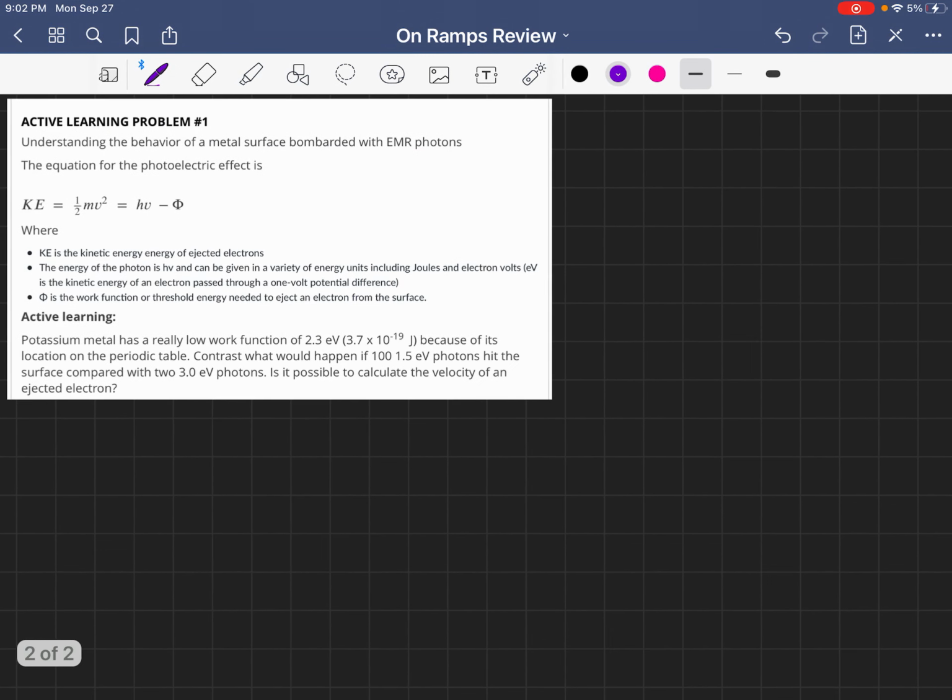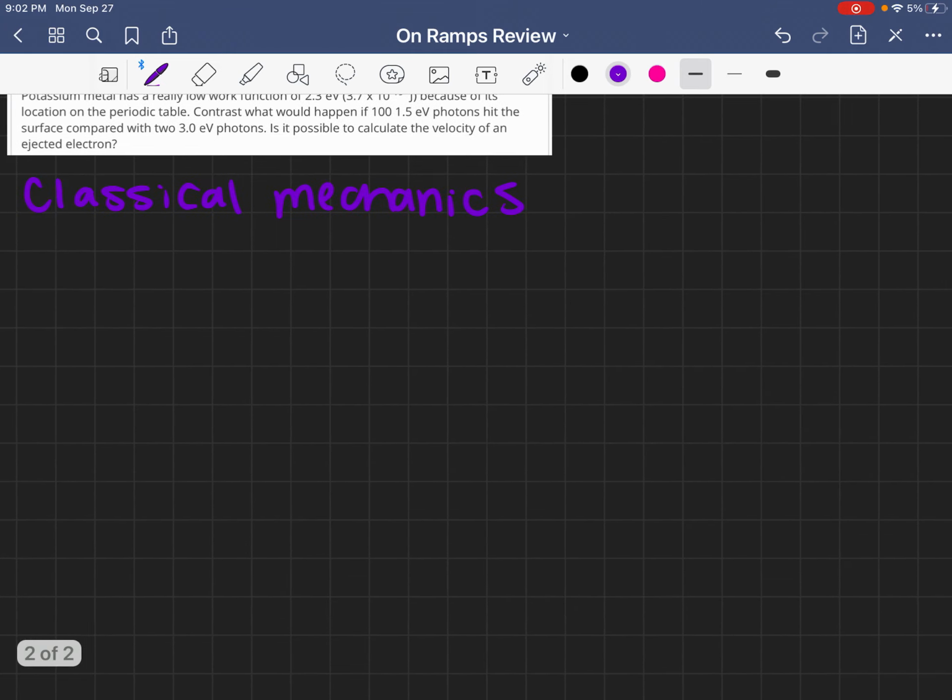Okay, guys, so we are going over the failures of classical mechanics. So, classical mechanics says that if you have a metal surface, any light that hits a surface will be able to eject an electron.